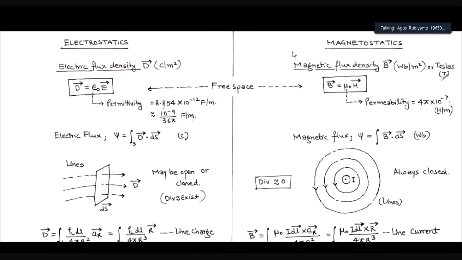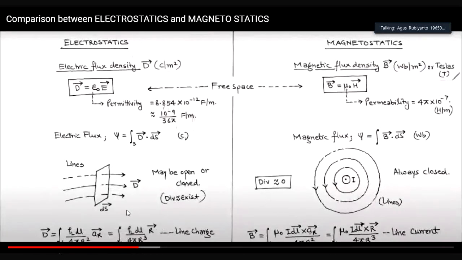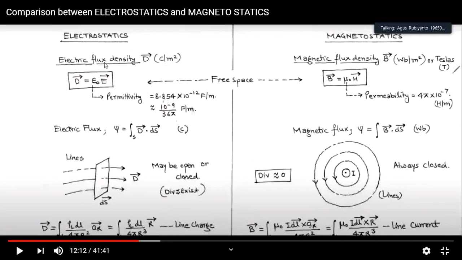Another unit of magnetic flux density B vector is Tesla. Kalau electric flux density ini kita biasanya pergeseran, displacement-nya. Kita perhatikan di sini untuk bahan dielektrik ini adalah permitivitas, di magnetik itu permeabilitas.